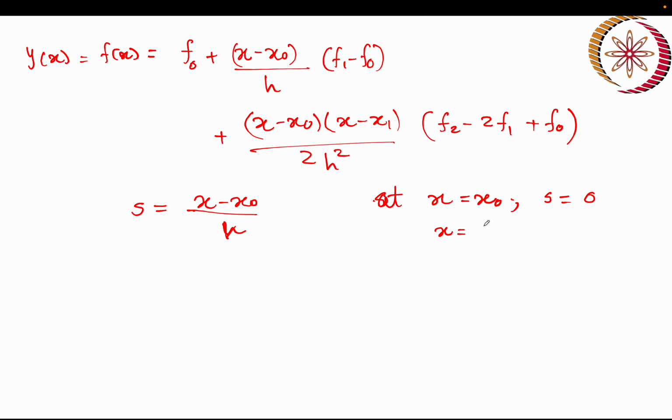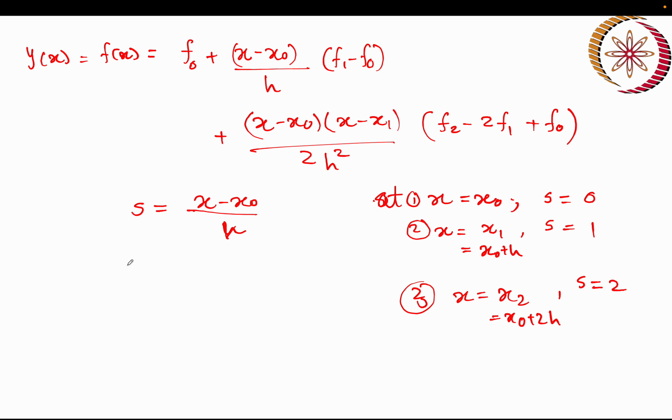At x equal to x1, which is x0 plus h, s is equal to 1. For x equal to x2, which is x0 plus 2h, s is equal to 2. One more thing: ds is equal to dx by h, so dx is equal to h ds.